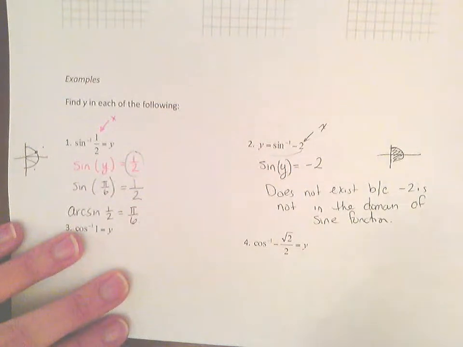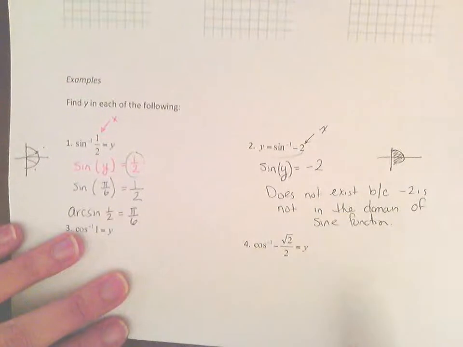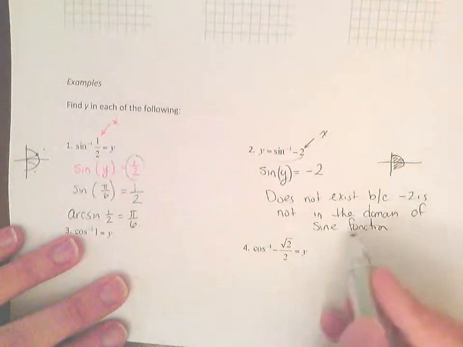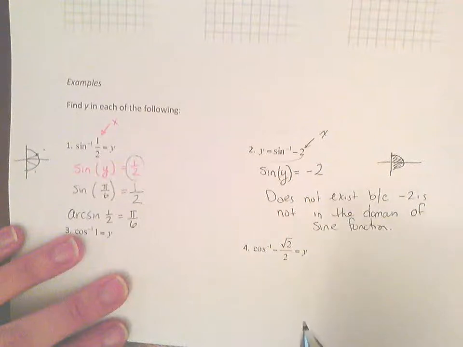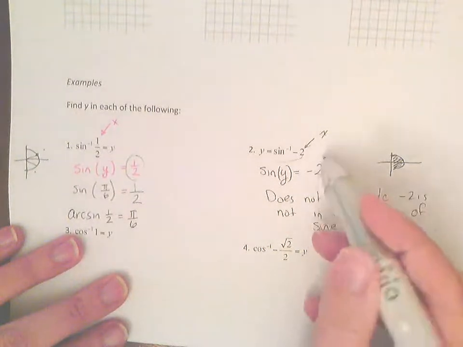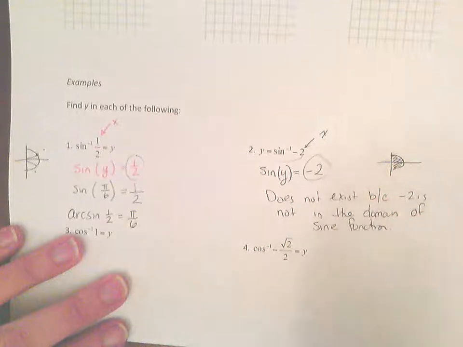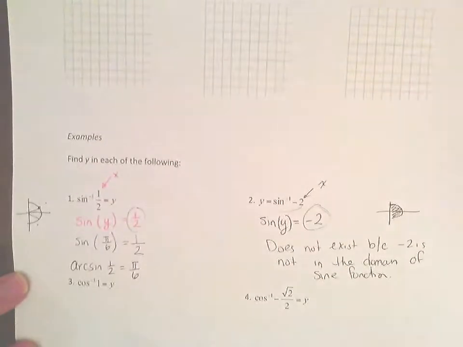Well, it depends on the problem, so I'm not going to say for sure right now, because cosine is going to be x, and so it's a little bit different. But the domain for cosine is from 0 to pi, and it's negative still, so that's not in the cosine domain as well. Sorry for that little confusion.